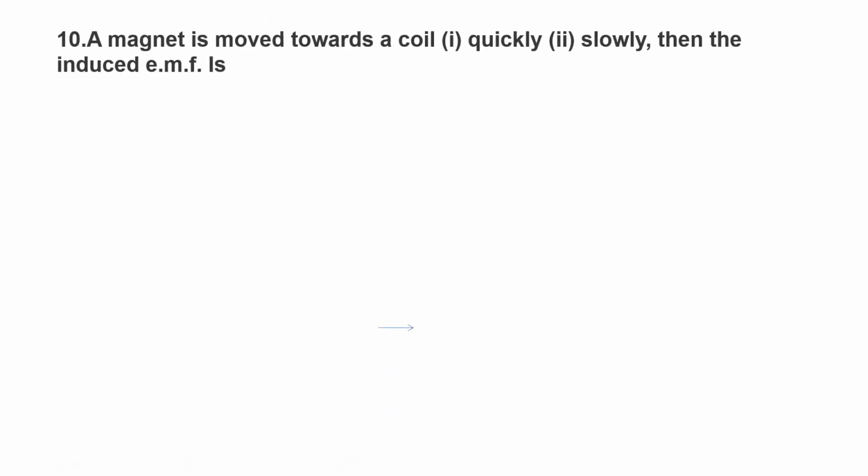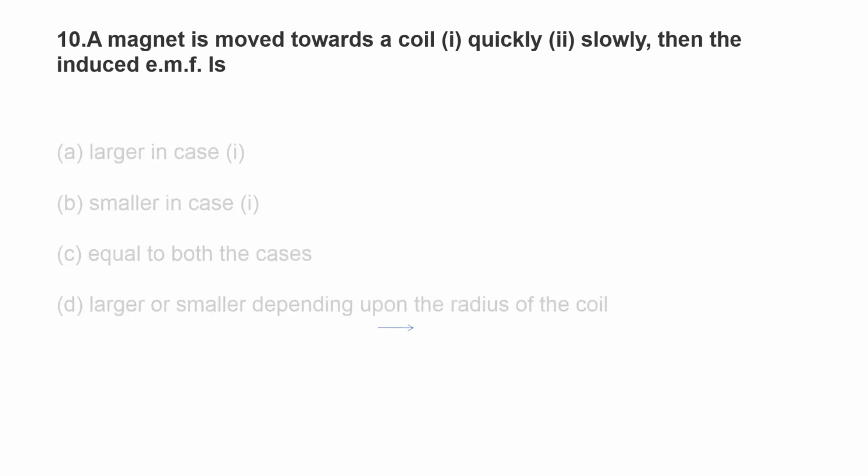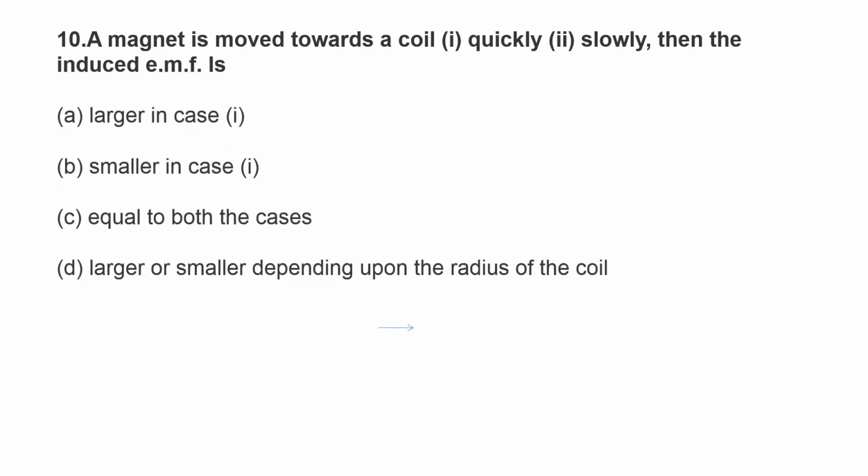Next question, 10th question. A magnet is moved towards a coil. Case 1 quickly, case 2 slowly, then the induced EMF is. Options are A, larger in case 1, option B, smaller in case 1, option C, equal in both the cases, option D, larger or smaller depending upon the radius of the coil.